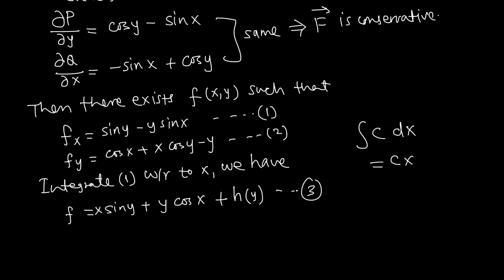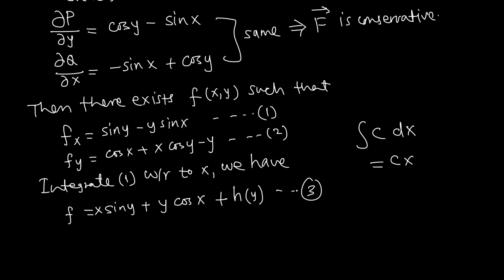Look at equation 2. We have the partial of f with respect to y, and this is simply f. So let's find the partial of f with respect to y and compare with 2. By doing so, hopefully we'll find the value of h, and come back here and write down the potential function.